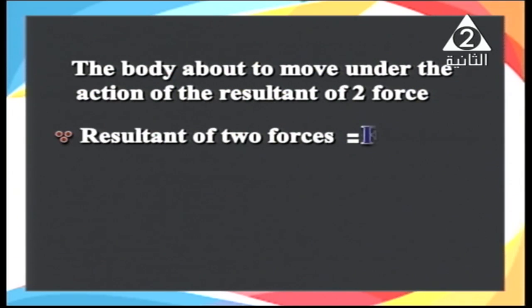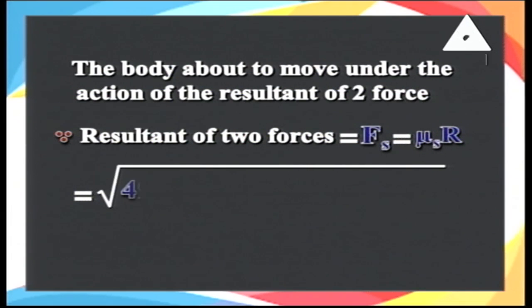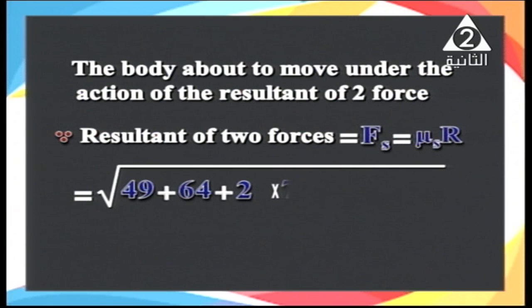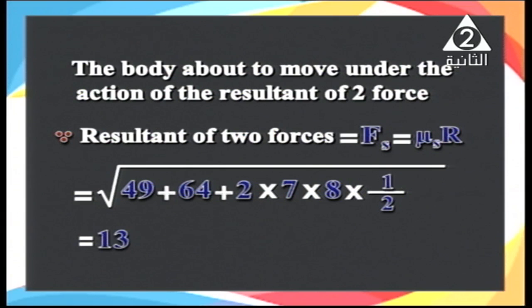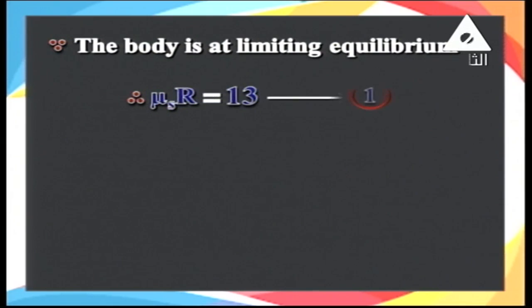Then, my dear student, the body is about to move under the action of the two forces, so the resultant of the two forces equals Fs, which is mu s R. It equals the square root of 49 plus 64 plus 2 times 7 times 8 times cosine 60, or 1 over 2. The answer is 13. Then the resultant of the two forces equals 13 Newton. The body is at limiting equilibrium. Mu s R equals 13, this is number 1.